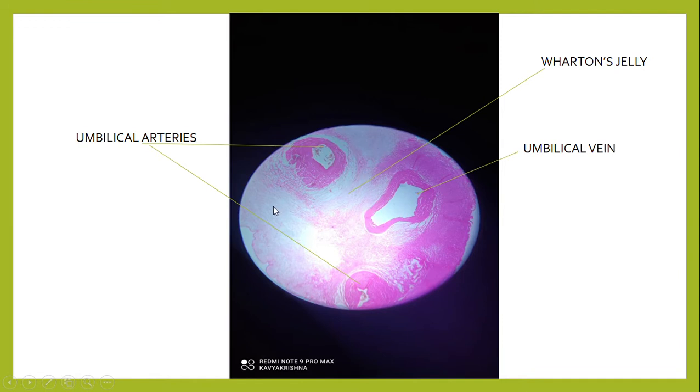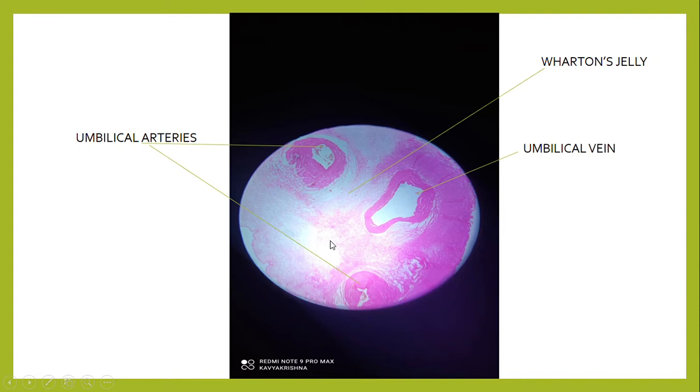The space presenting in between, the rest of the area, represents the Wharton's jelly. The Wharton's jelly develops from the mesenchyme, isn't it? We have studied that in embryology. So the Wharton's jelly is the substance which separates the arteries and veins in the umbilical cord.